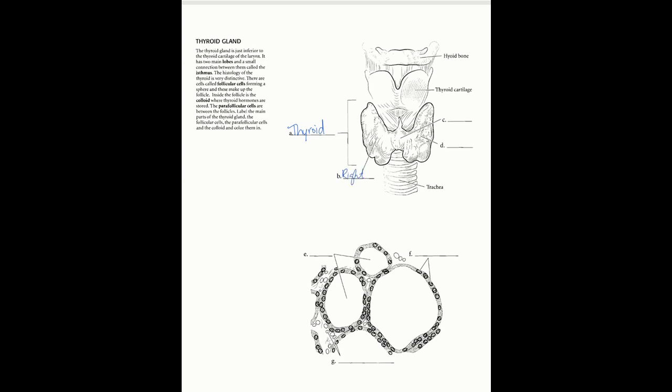We just have the right lobe and the left lobe. And these are going to be connected by what we call the isthmus. I know it's an awkward word to say. The isthmus is going to be our connection between our lobes.